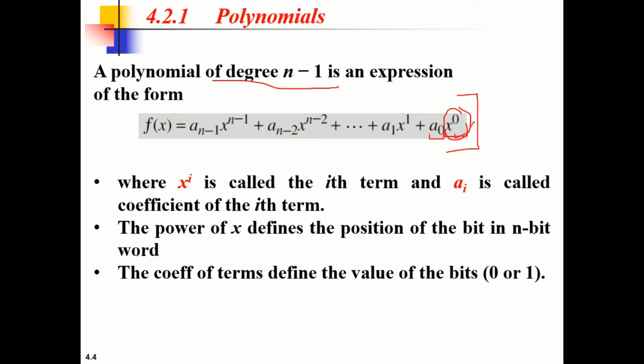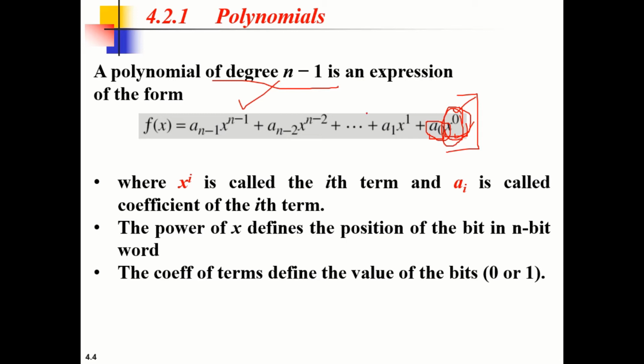The x part is called the term of the polynomial, and the a part is called the coefficient of the given term. Each term has some power, starting from 0 to n minus 1.